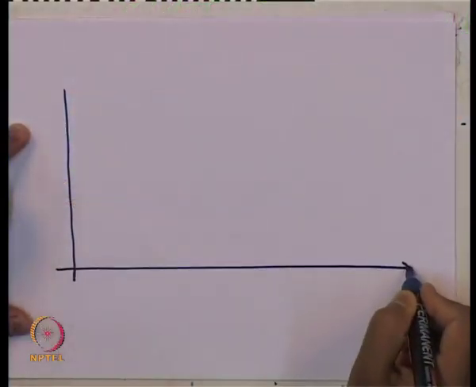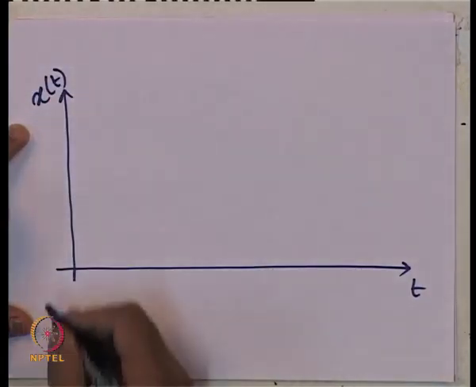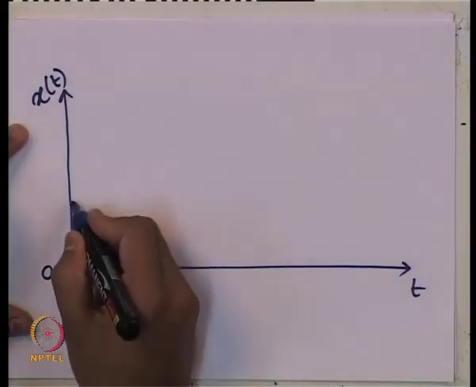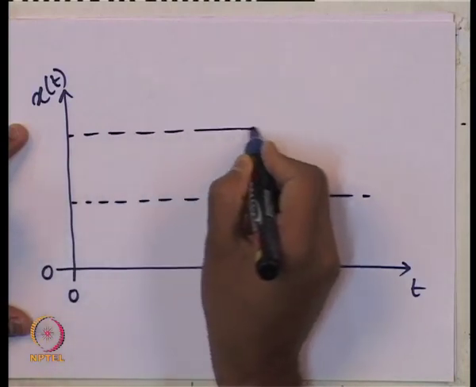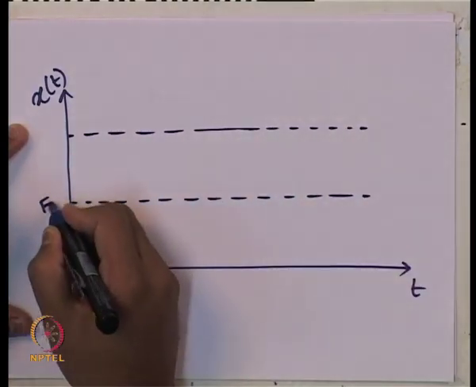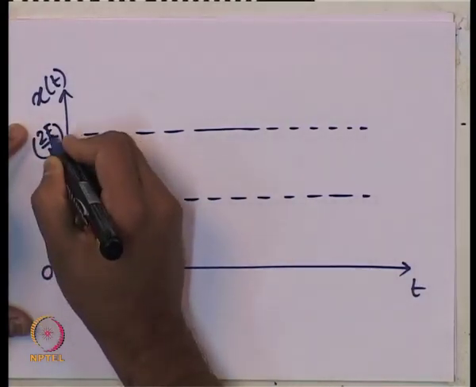Now, if I want to find out the response, that is how the displacement function varies with respect to time for the complete system, let me plot it. This is the variation of t, x of t I am trying to plot. This is our 0 line. These two parallel lines I am drawing for f by k and 2 f by k.